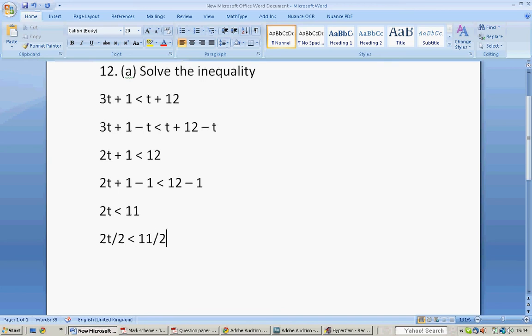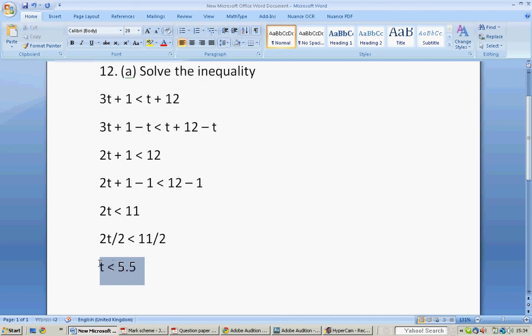To keep this statement true, we do the same to both sides. 2 divided by 2 is 1, which leaves us with 1t. A simpler way of writing 1t is simply t. t is less than 11 divided by 2, which is 5.5.